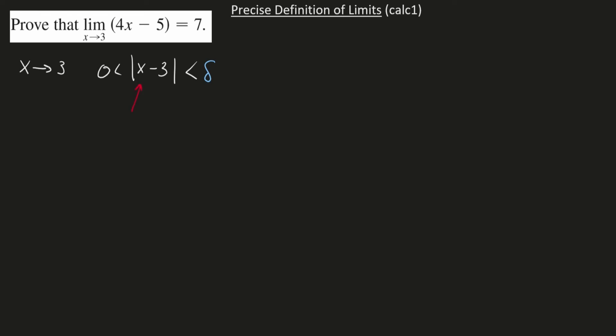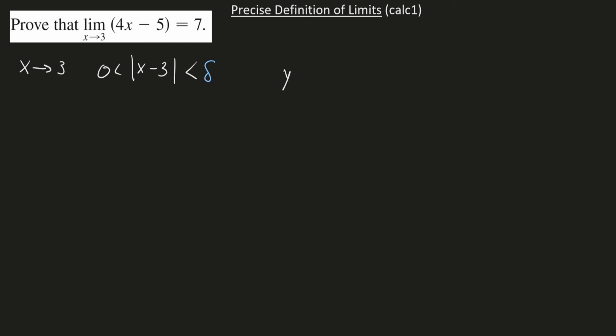If I approach 3 from the left, 2.99, 2.999, or if I approach 3 from the right, 3.1, 3.001, this quantity will just keep getting smaller and smaller. That is the idea of the delta here. Think of this as a sentence, an idea. So this is how mathematically we say, oh, x is becoming closer and closer to 3, by saying this.